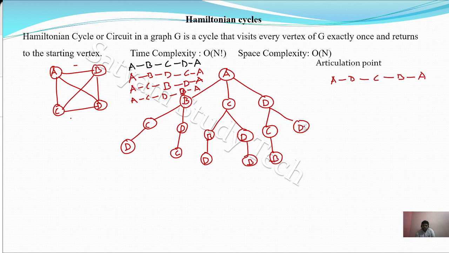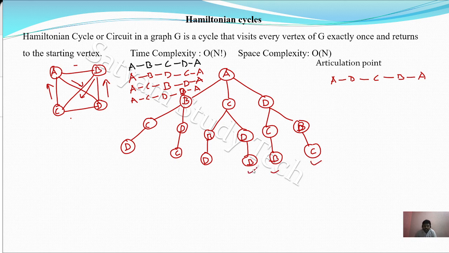Now we can see the unvisited vertices are C and B. A to D, and D to B, the edge is there, and B to C. Now we can see A to D edge is there, and D to B, and B to C, and C to A. This is also another possibility.